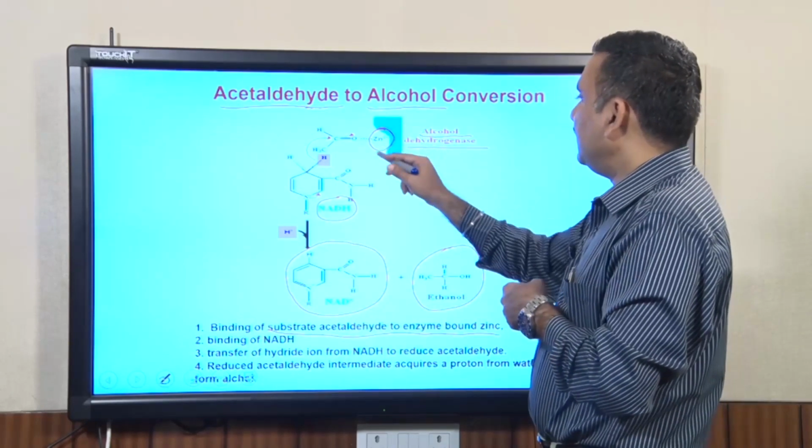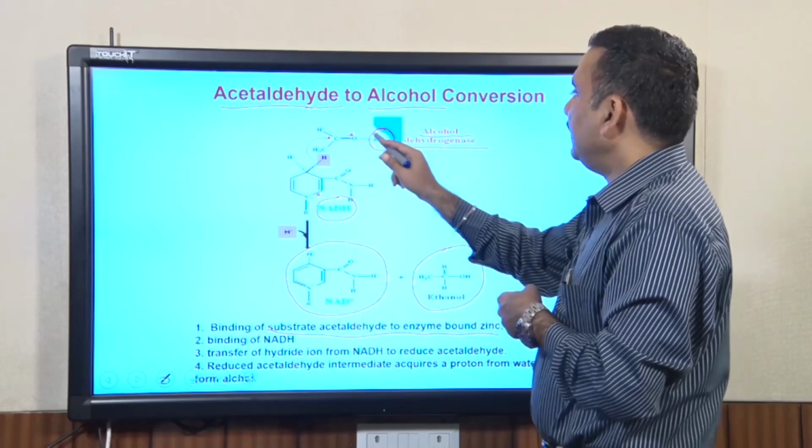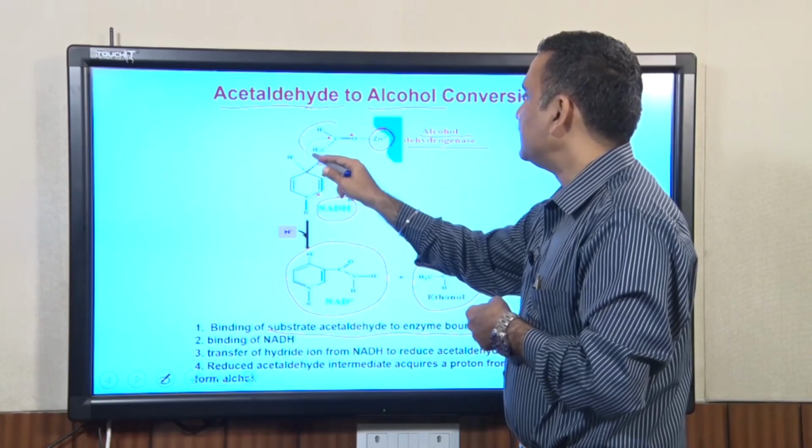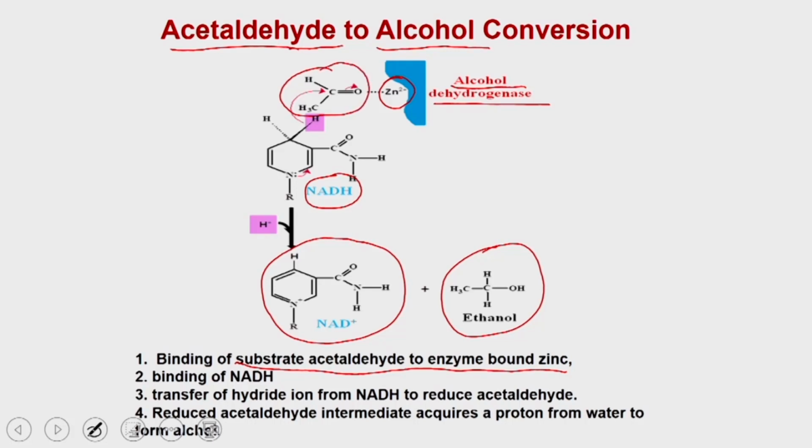In the first step, the active site zinc is binding the acetaldehyde and is also binding the NADH, and then there is a transfer of hydride ion from the NADH to the acetaldehyde, and that generates an intermediate, and then this intermediate is taking up the proton from the water, and with the transfer of proton, it generates the alcohol as well as the NAD plus.